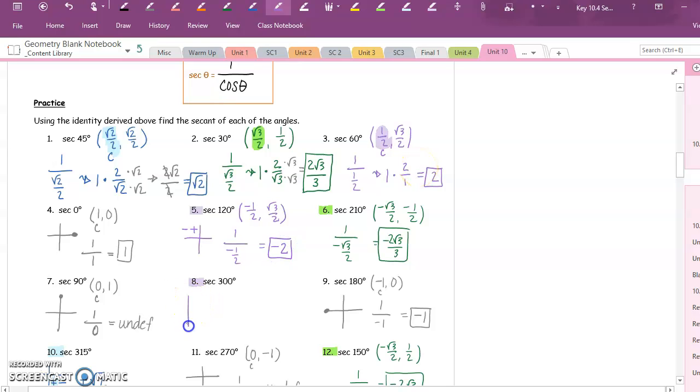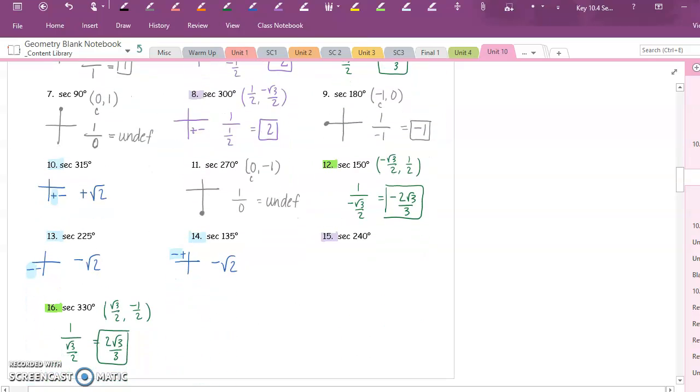Let's go again, secant of 300. That's in the fourth quadrant. Positive, negative. We have positive 1/2, comma, negative square root 3 over 2. We have 1 over positive 1/2. Again, we already did the math. That's going to be a positive number. And then last but not least, secant of 240. 240 is in the third quadrant.